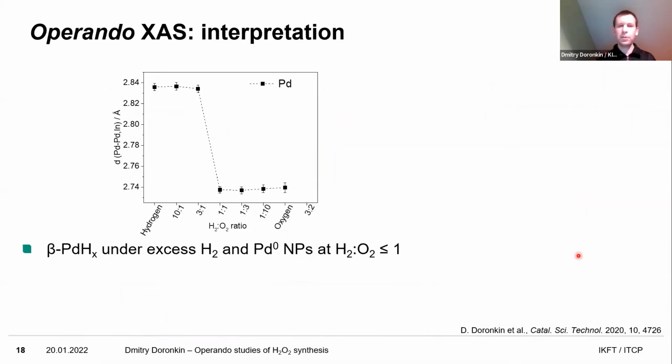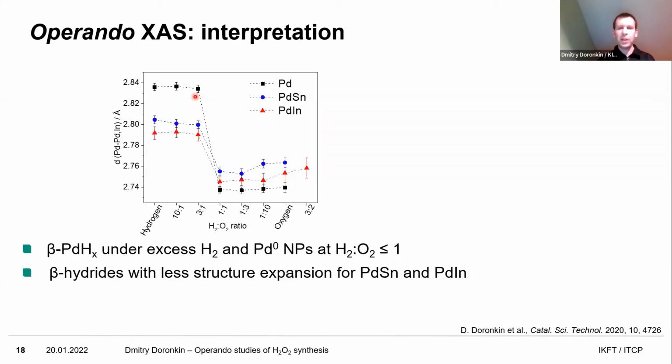We also quantified shifts in the XANES, but I'm not showing that in the interest of time. I'm showing just the interatomic distances between palladium and the second metal, so palladium or indium or tin, because XAS cannot distinguish between them. For the monometallic palladium, we have quite noticeable lattice expansion. For the bimetallics, as we saw in the XANES, the lattice expansion is not so high.